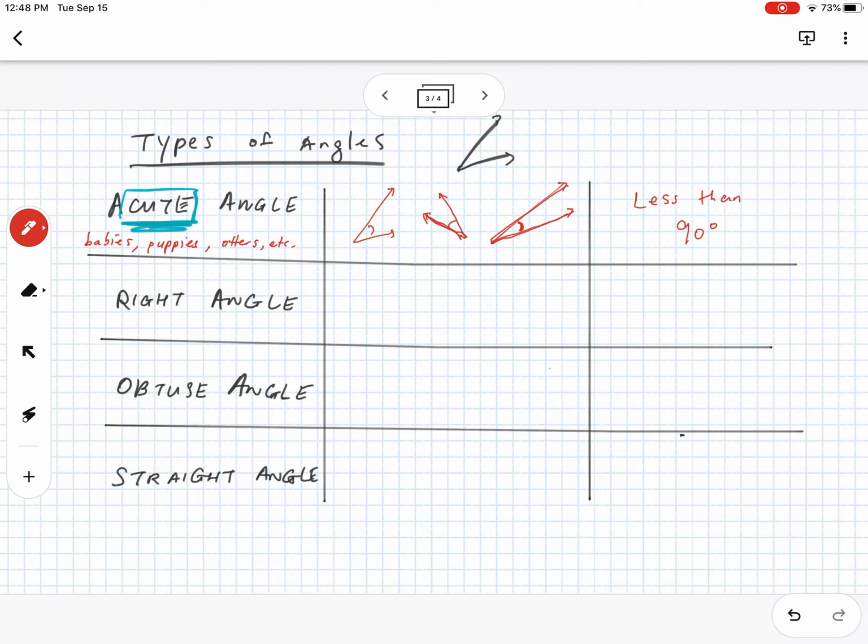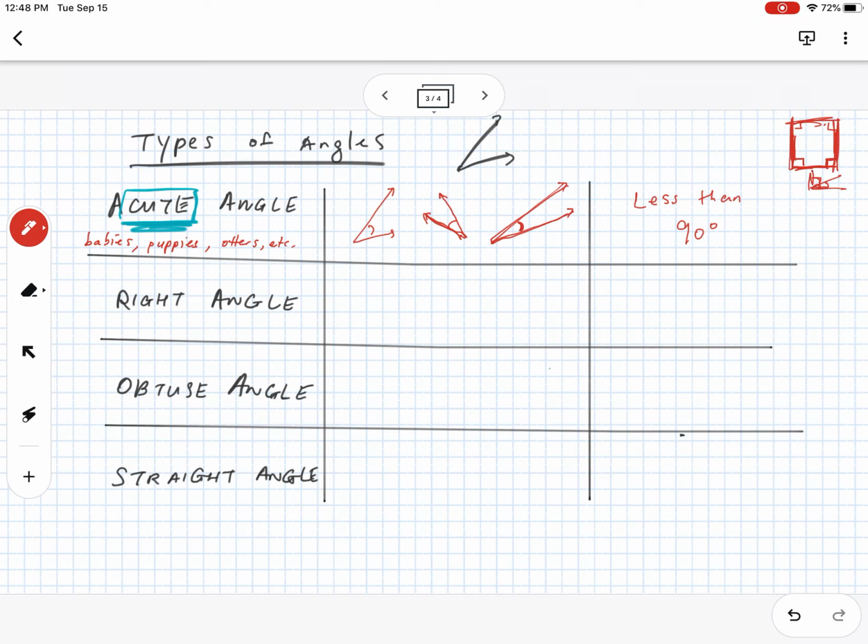And maybe you're wondering, okay, so what is 90 degrees then? Well, if you have, for example, a sheet of paper, it has four 90-degree angles, right here, right here, right here, and right here. And so you can see that these angles are way smaller than the 90 degrees that we have right here.